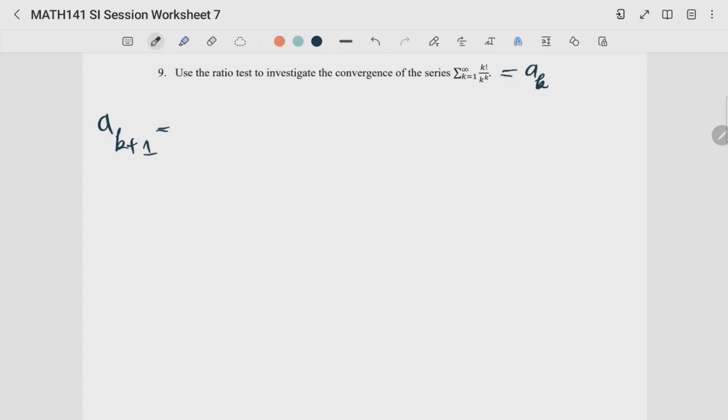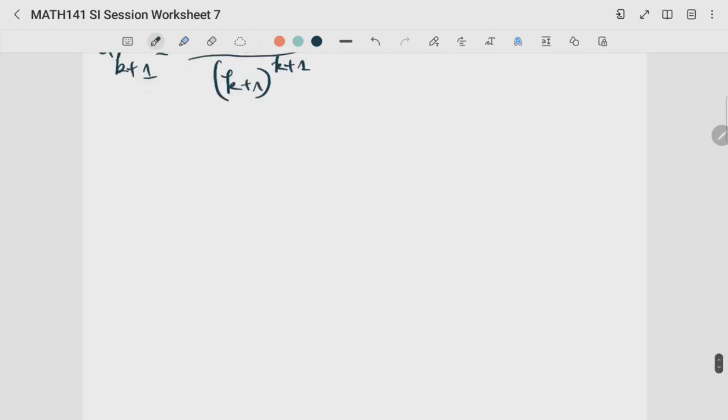So a of k plus 1 is just the same as a of k, but wherever you see k, you substitute k plus 1. So a of k plus 1 will just be k plus 1 factorial divided by k plus 1 to the k plus 1.